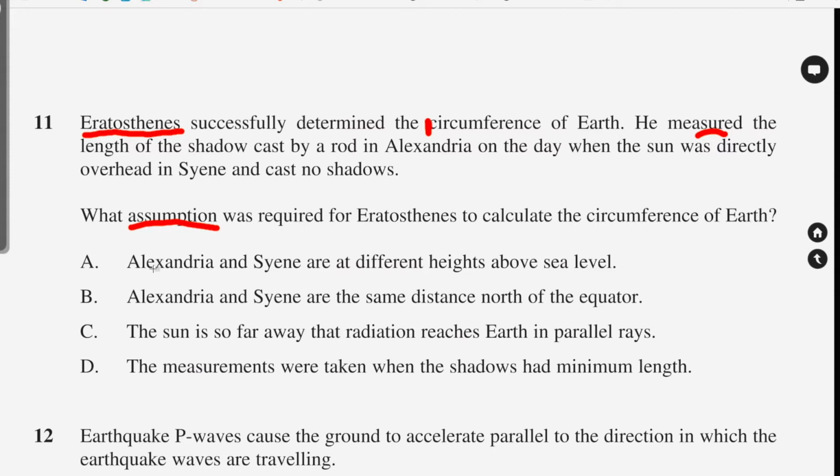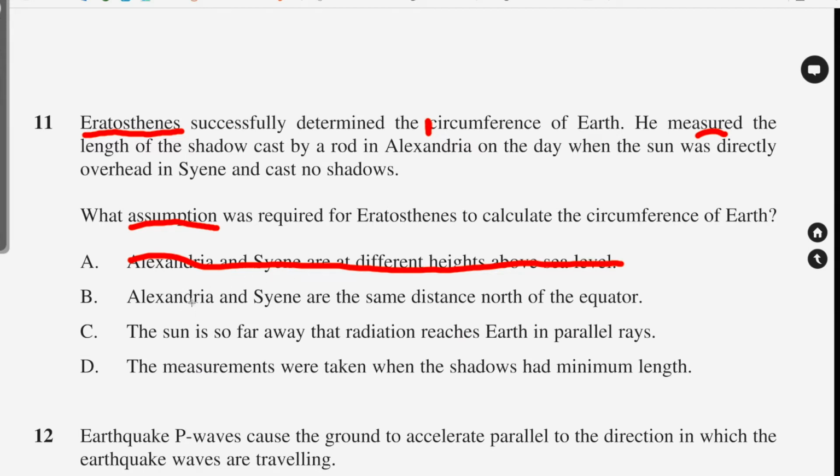Now, one of the things here, let's have a look at A: Alexandria and Syene are at different heights above sea level. If you think about it, nowhere in the discussion is that relevant or discussed, so we can probably get rid of that one. B: Alexandria and Syene, same distance north of the equator.